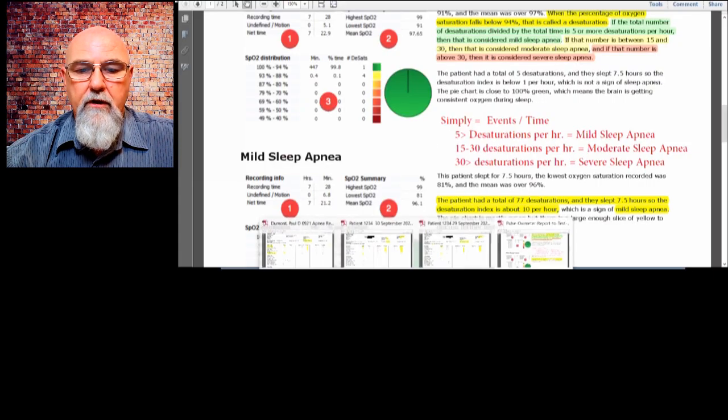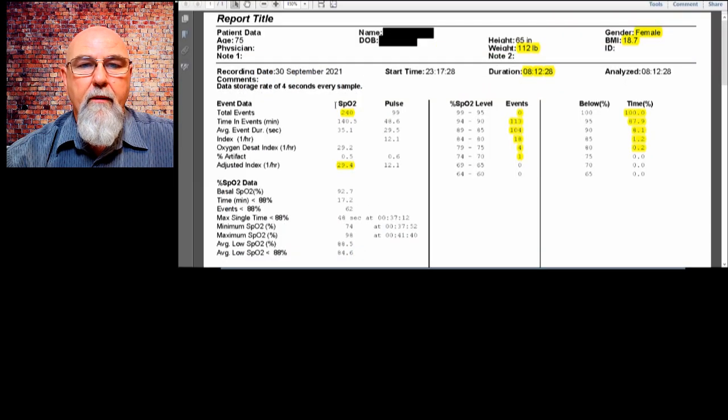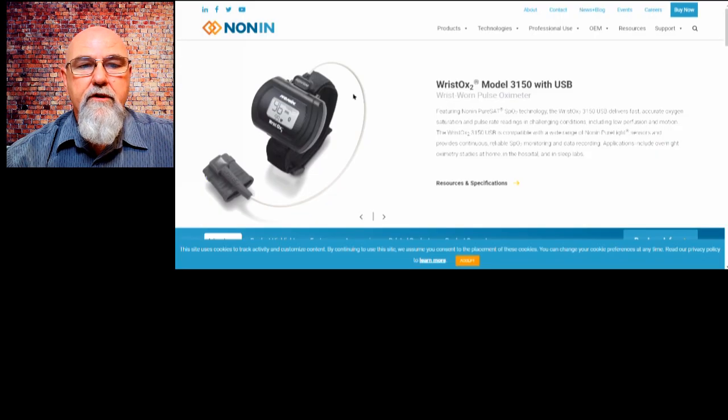And these test results that you see here are actually from our device. This is the Nonin. Let's just take a quick look at that product real quick. This is the actual device that you would be wearing.